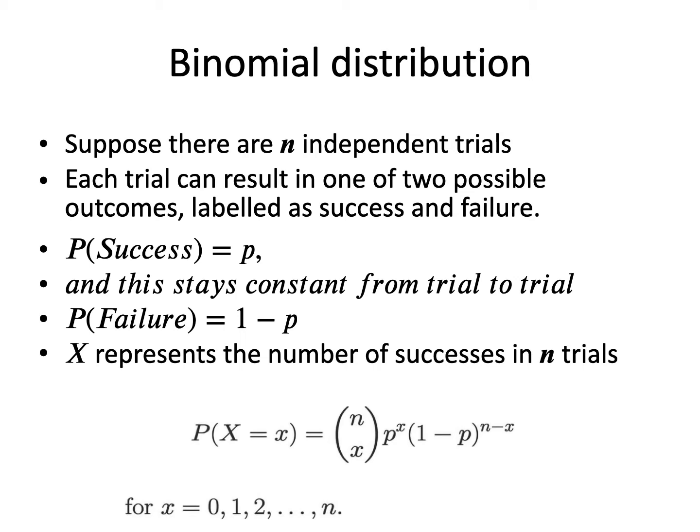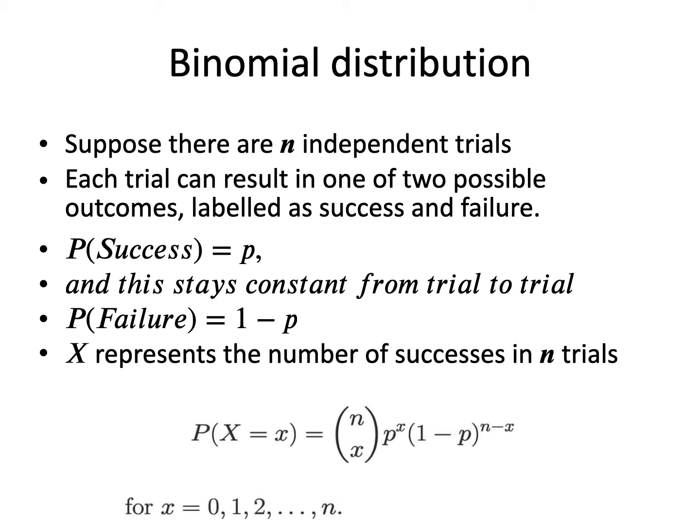So the probability of success on any individual trial is p. That is, suppose there are n independent trials and each trial can result in one of 2 possible outcomes labeled as success and failure. The probability of success on any individual trial is small p. That is, we can say this p can be represented by the probability of success.